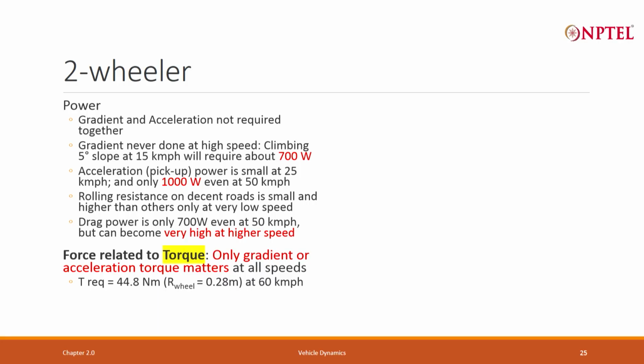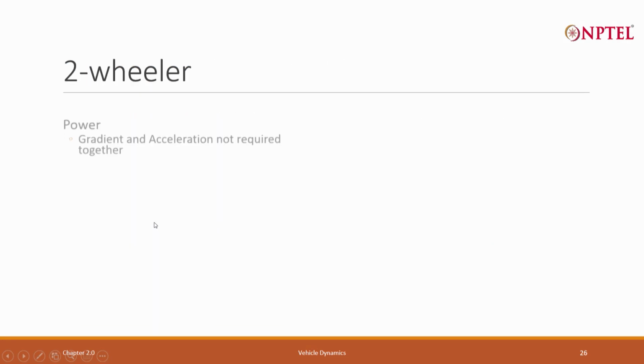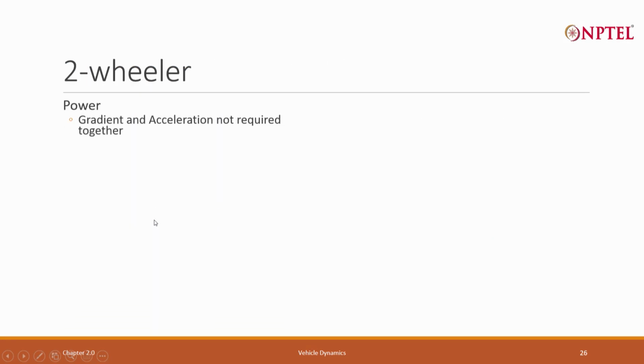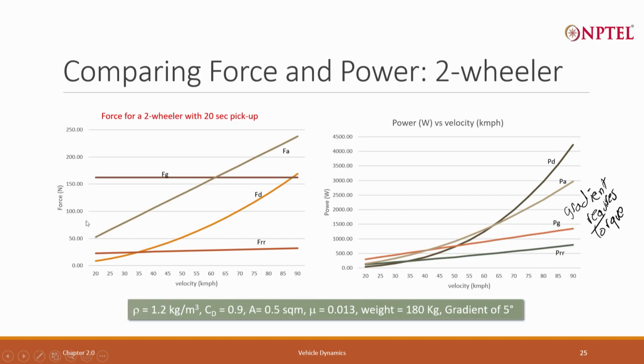Now, force is related to torque. I have to suddenly come to this curve when I talk about torque. So, if I look at the torques, since the gradient force is very large, the gradient torque will be very large, and it is independent of speed, it is flat.